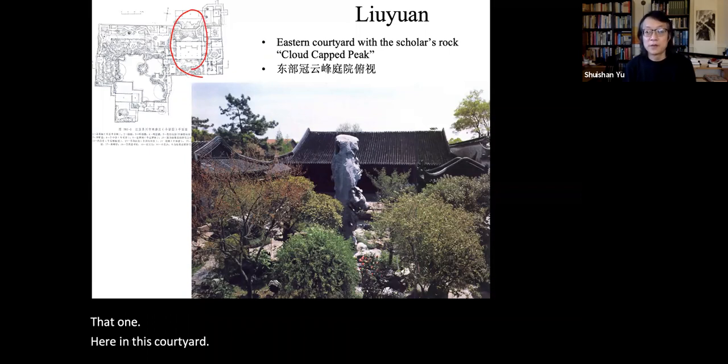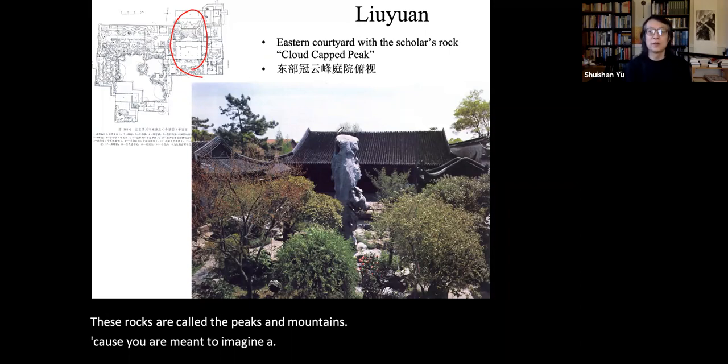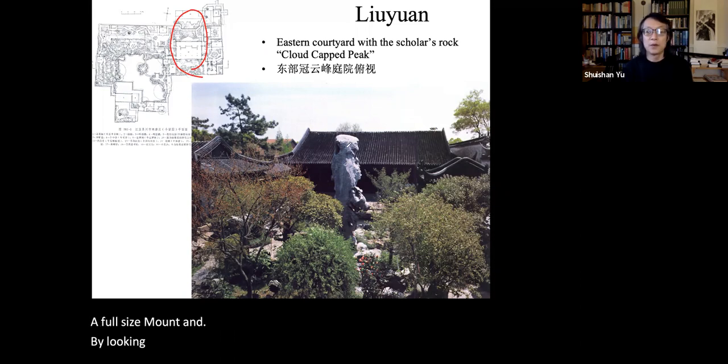In this courtyard is a very famous rock. The appreciation of rocks had a long history. In the Chinese garden, these rocks are called peaks and mountains because you are meant to imagine a full-size mountain by looking at these rocks.